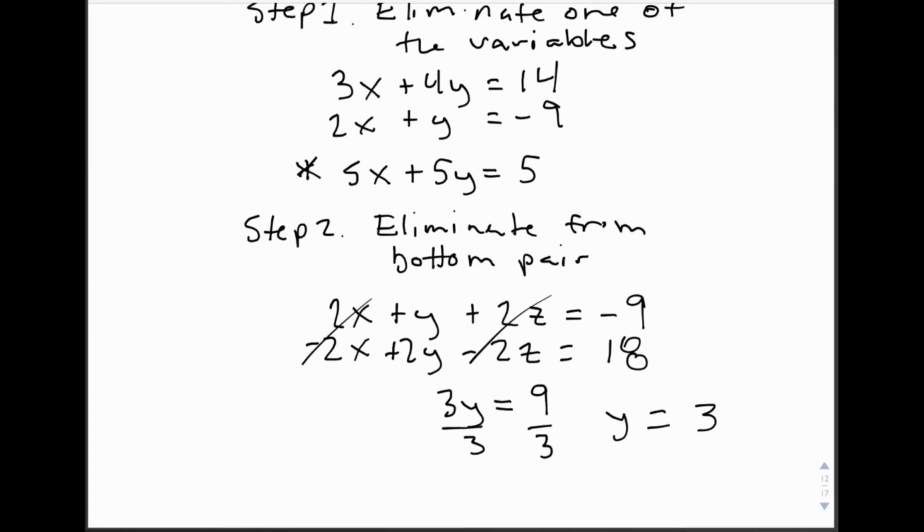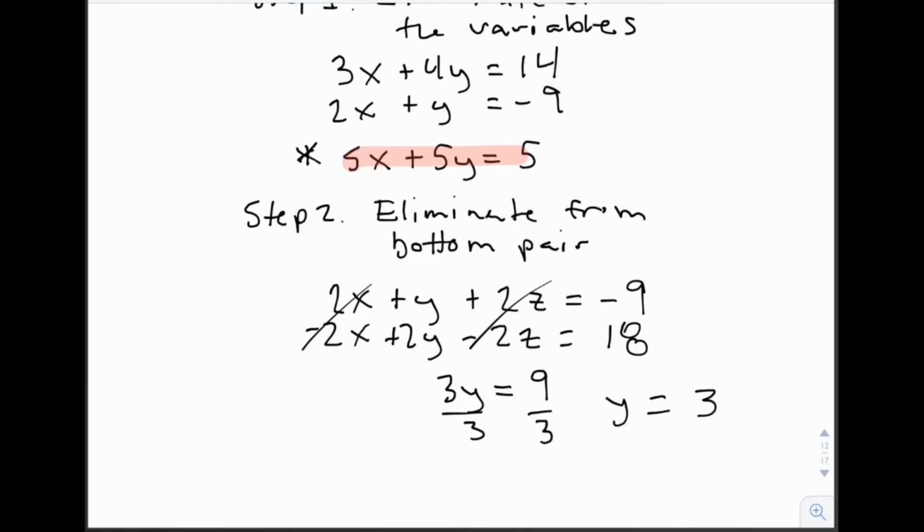So what can we do with this positive 3? Using our starred equation up here, we can figure out what our x value is going to be, and then finally our z value. So let's take 5x plus 5y is equal to 5, and substitute in the fact that y is equal to 3.